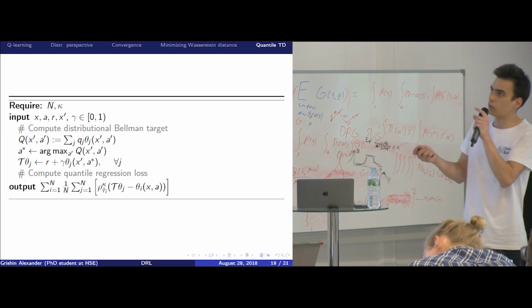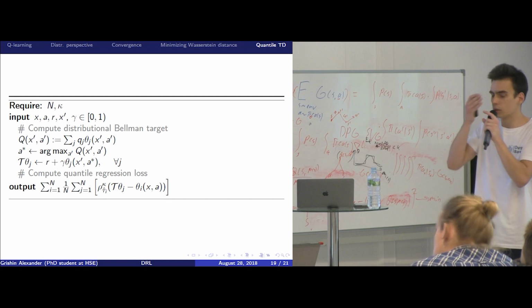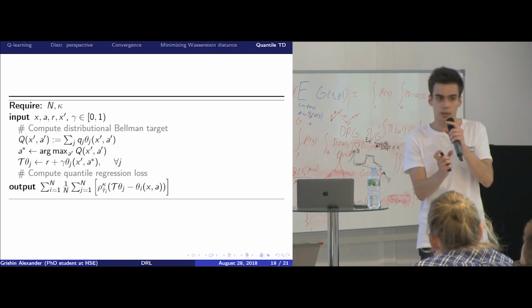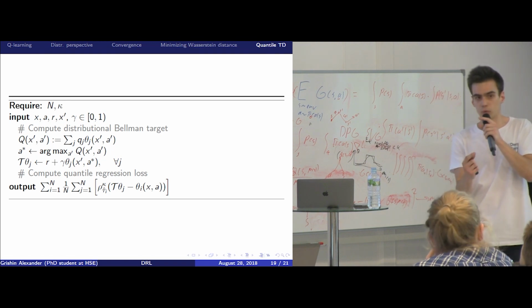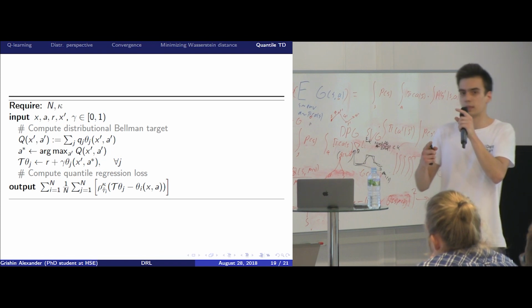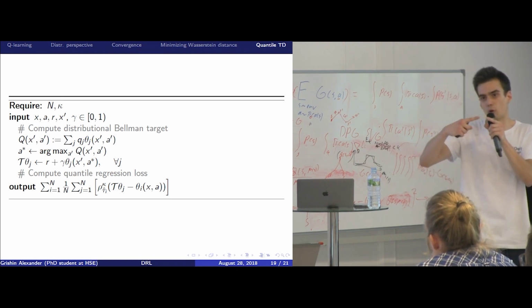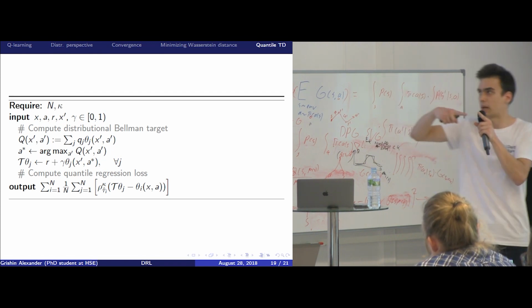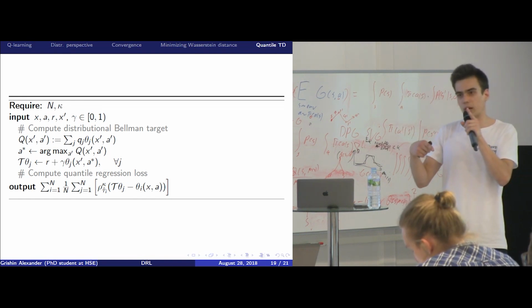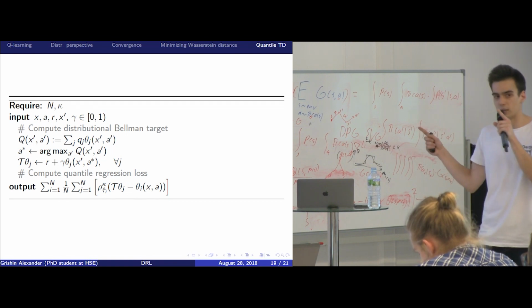In the case of quantile regression reinforcement learning, we have a network whose input is x and whose output is the number of actions multiplied by n. So for each state-action pair, we have n quantiles.